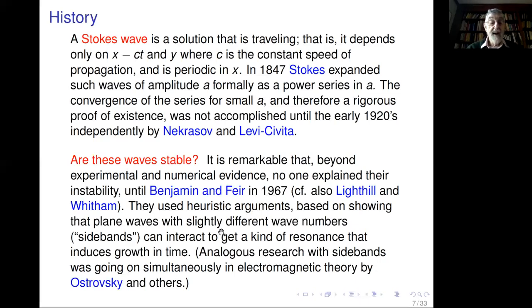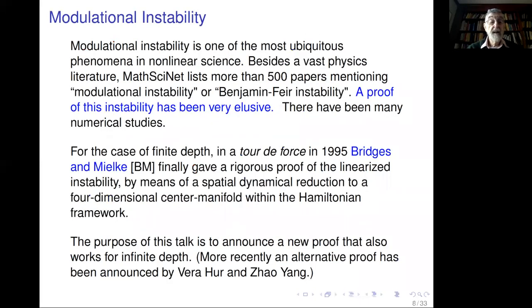And so an actual proof didn't come until 1995, when Bridges and Mielke finally gave a rigorous proof of the instability in the case of finite depth. And they used spatial dynamics methods.